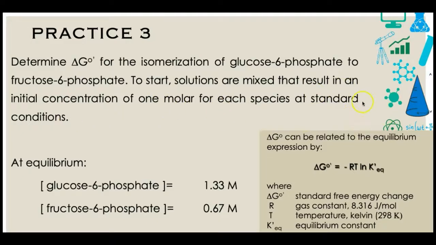So if it's stated at standard conditions, we're going to use this equation. At equilibrium, glucose 6-phosphate has 1.33 mole, and fructose 6-phosphate has 0.67 mole. So how do we calculate this? By using this equation.